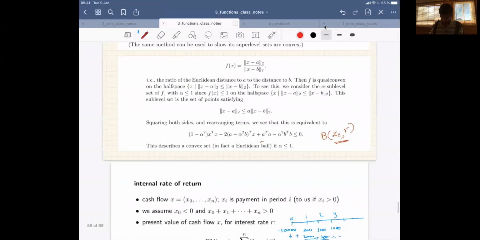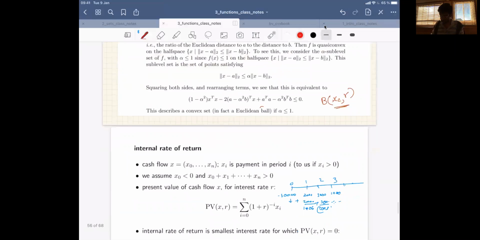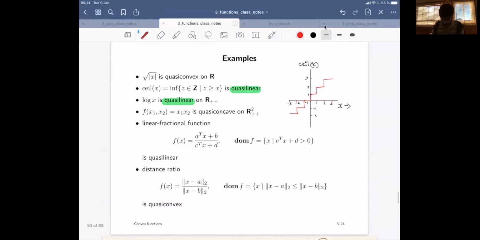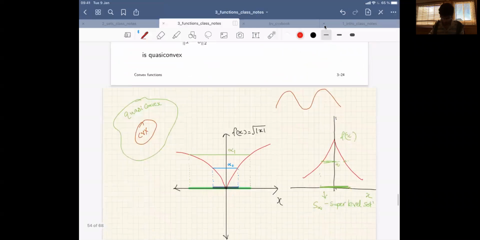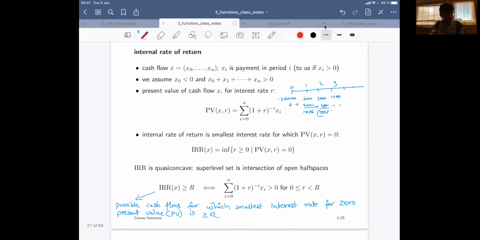Now we saw what quasi-concave, quasi-convex, and quasi-linear functions are. Let's see whether I missed something. And now there is an example from finance. I will cover this at the end of the lecture, towards the end.